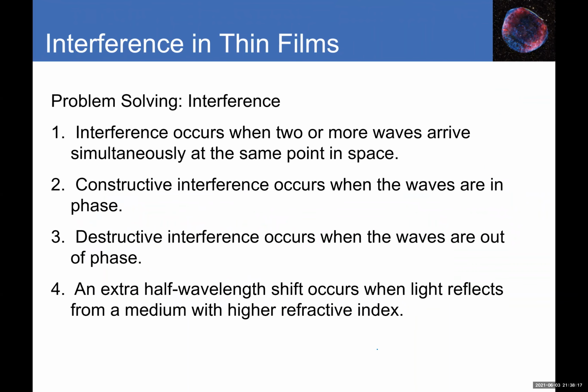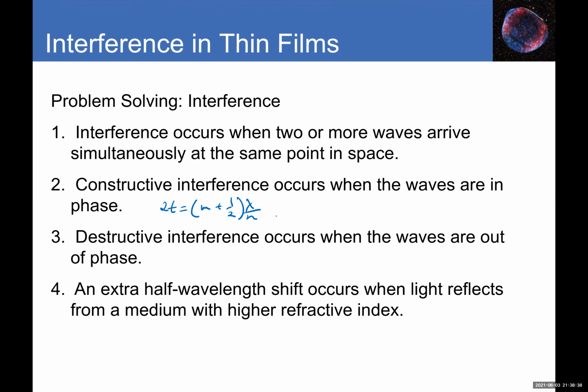All right, so in any case, for interference in thin films, to solve those problems, you can see that interference occurs when two or more waves arrive simultaneously at the same point in space. Constructive interference occurs when the waves are in phase, and that means 2nt equals (m plus 1/2) times the wavelength.